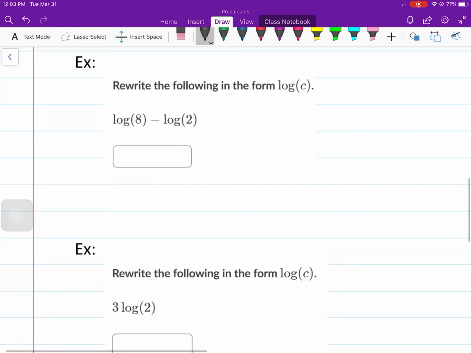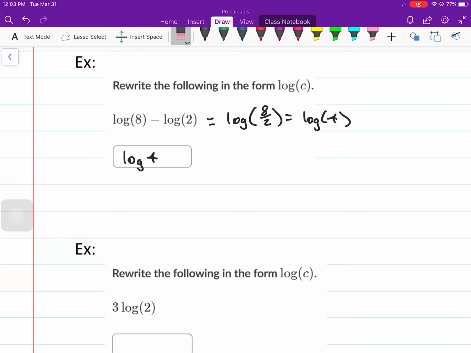So let's look at these basic examples. So this would be log of 8/2, which is log of 4, and that's your answer. Really easy. Let's go ahead and look at another example.